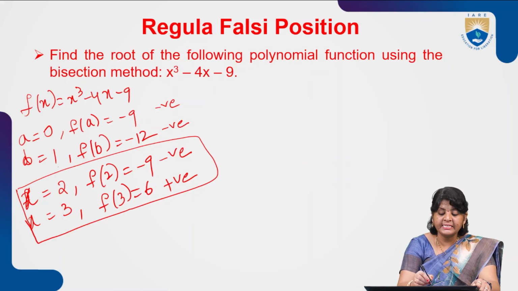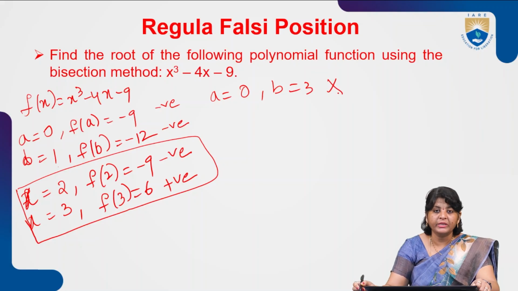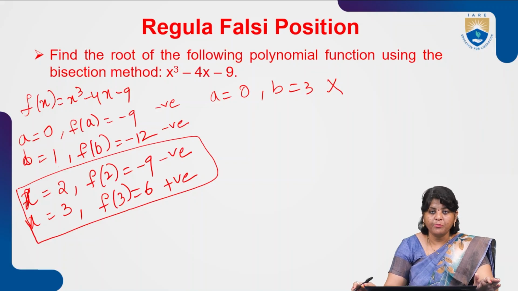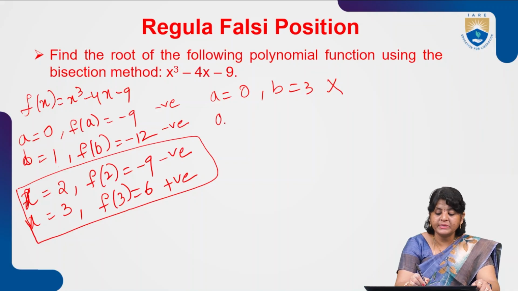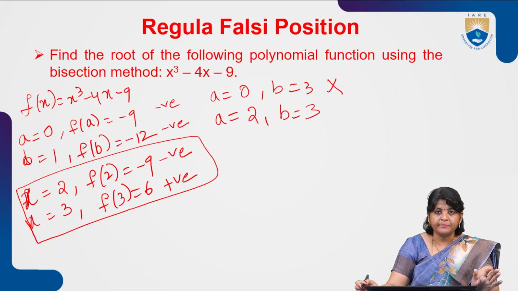We should not consider a is equal to 0 and b is equal to 3. These initial guesses will not give the root value immediately, because since the interval length is more, a larger number of iterations will be taken. Instead of that, we need to select a is equal to 2 and b is equal to 3. This is the first step.